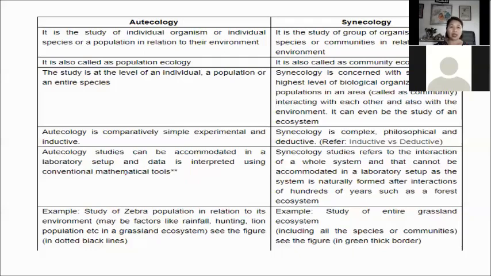Another, autoecology studies can be accommodated in the laboratory. Yung study ng autoecology can happen in a laboratory setup and data is interpreted using conventional mathematical tools. While synecology studies refer to the interaction of a whole system and that cannot be accommodated in a laboratory setup, as a system is naturally formed after interactions of hundreds of years, such as a forest ecosystem. So, yan ang kaibahan between autoecology and synecology, two divisions of ecology.